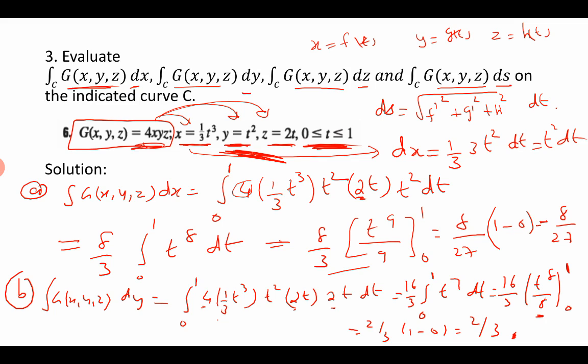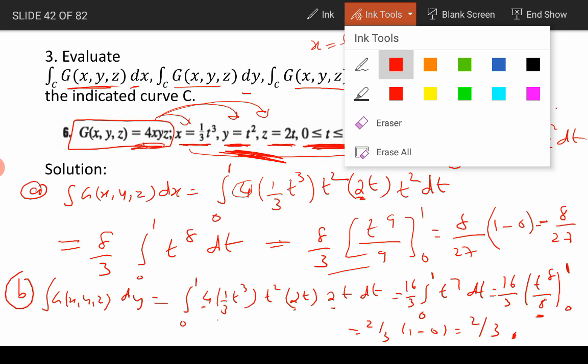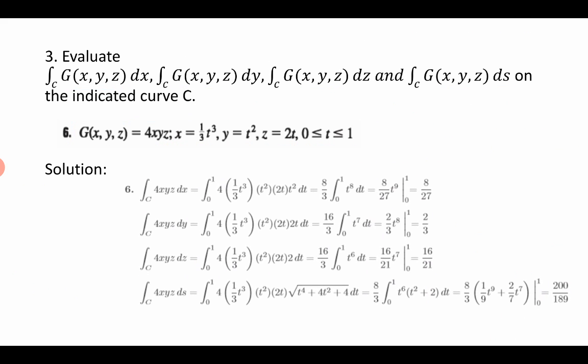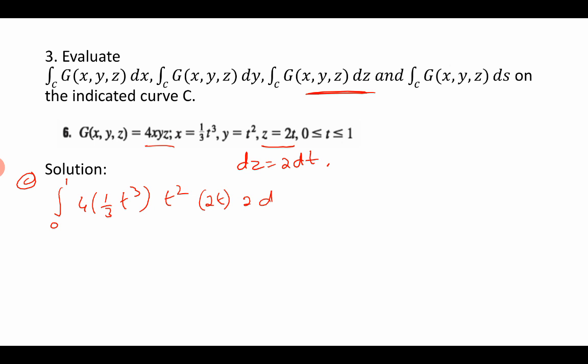Two cases have been done. Third case is with respect to z. When you integrate with respect to z, what is dz? It is 2 times dt. Just substitute, case C: integral 0 to 1 of 4xy, 4 times 1 over 3 t cube, y is t square, z is 2t, and dz is 2 dt.